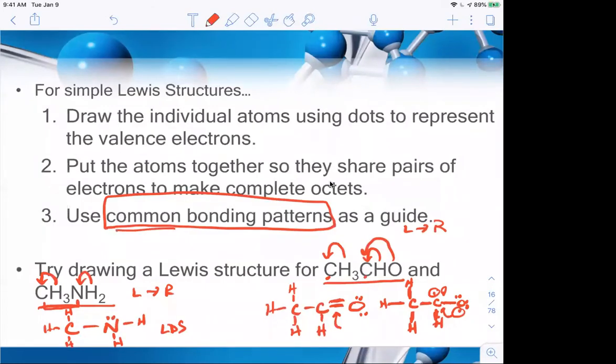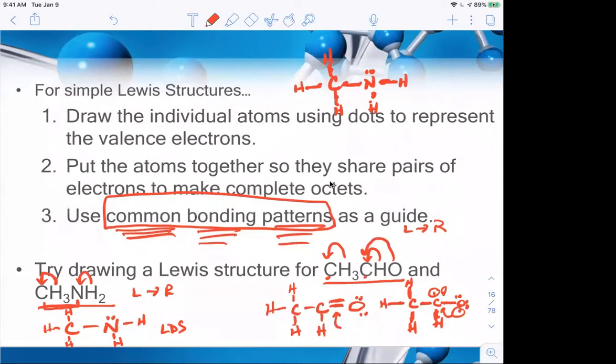So again, it comes back to those common bonding patterns. You're going to be able to do that. I'll do it up here: if I look at that one and I go connect the dots, right? I'm going to have this guy here, this guy here, this guy here, this guy here. I have another hydrogen, another hydrogen.